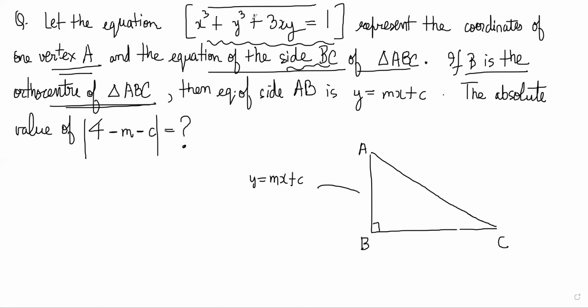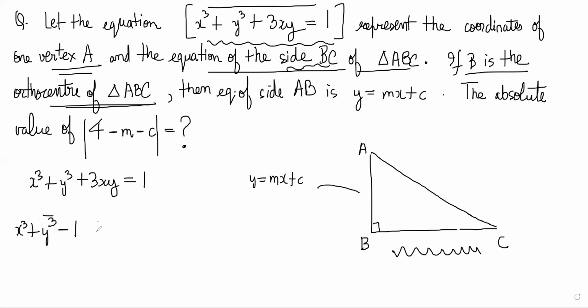So we know that it's a right angle triangle. This AB side is y is equal to mx plus c. And BC side equation is somewhere here. So now think of this equation: x cube plus y cube plus 3xy is equal to 1. If you bring 1 to this side, you'll get x cube plus y cube minus 1 plus 3xy is equal to 0.